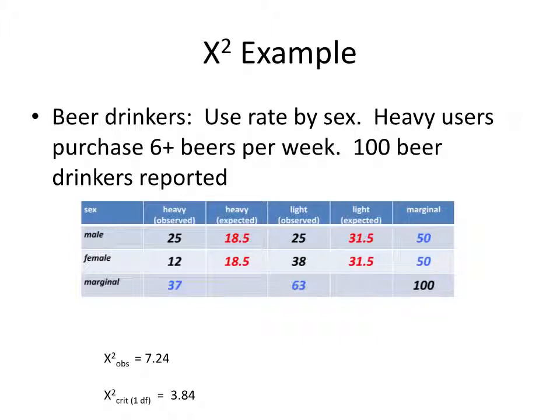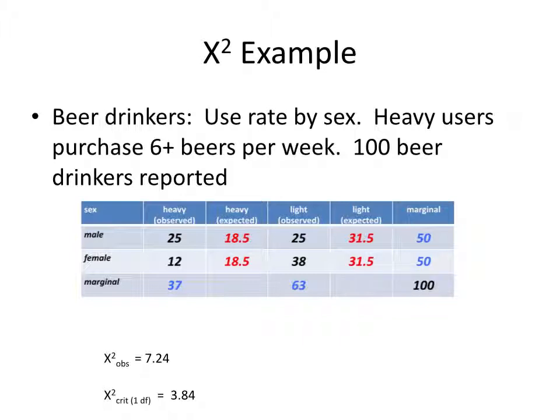So light users would be anything less than 6. And this might be screened to include only people who do drink some beer. And you should see this as a case where we've taken an interval measure, how many beers per week, and converted it into a categorical level of measurement, heavy and light.